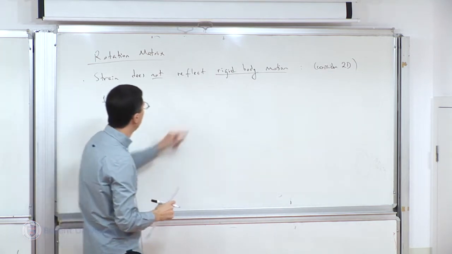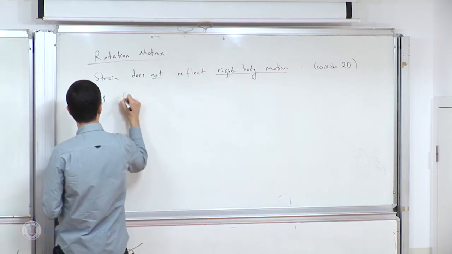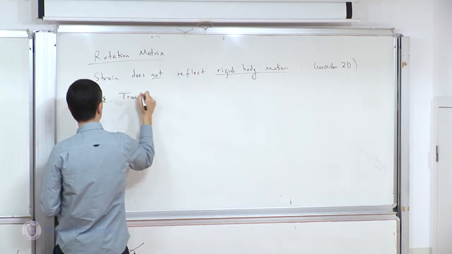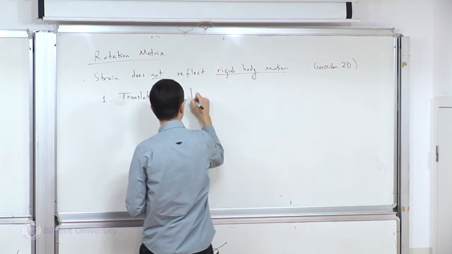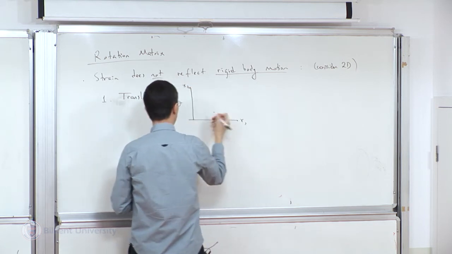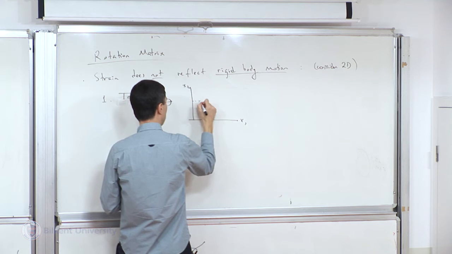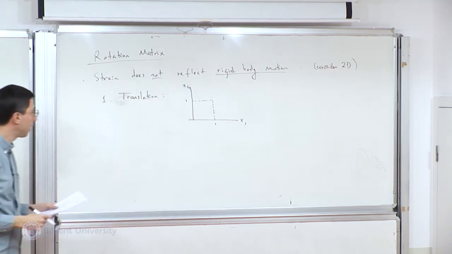The first example of so-called rigid body motion is translation. That is fairly straightforward. Let's say I have a coordinate system, x_2, x_1, and the object initially rests near the origin. Let's say that's 1 and 2.